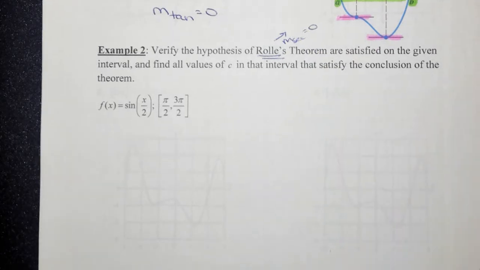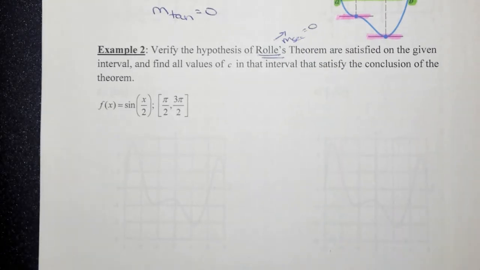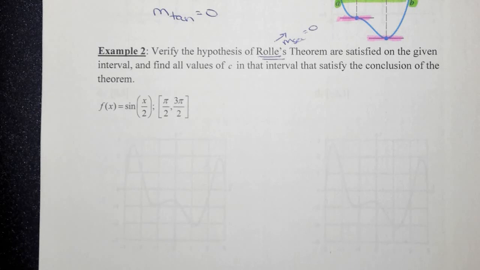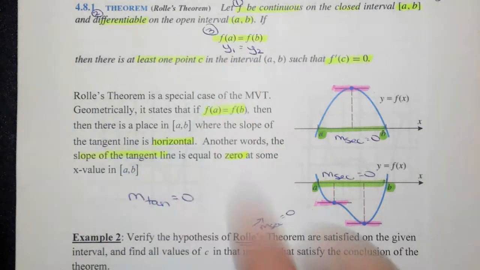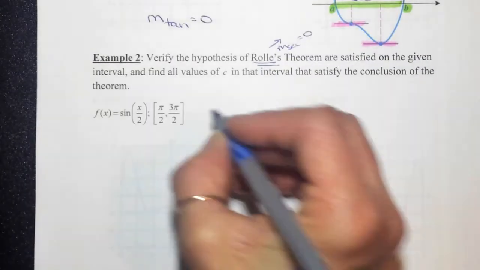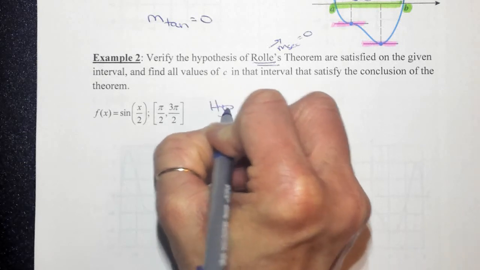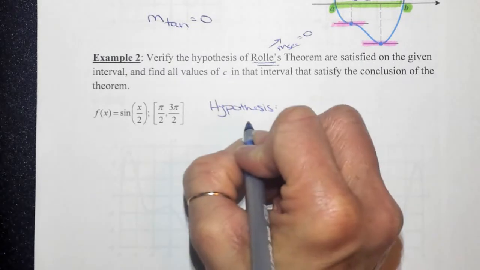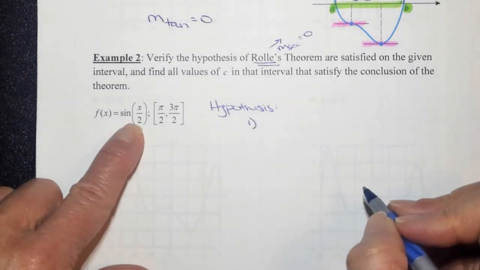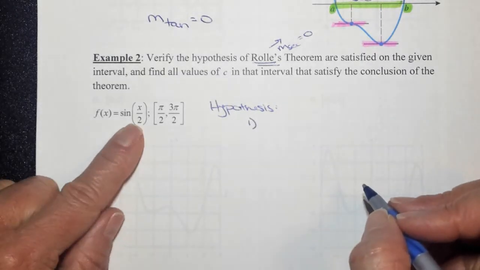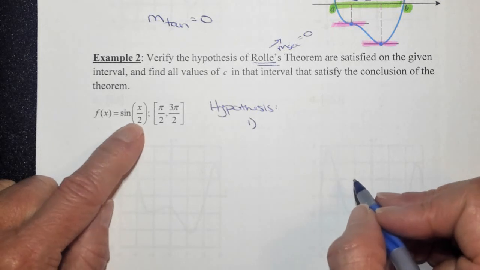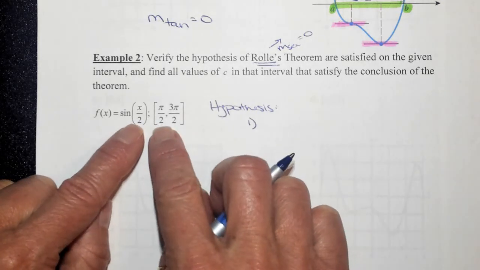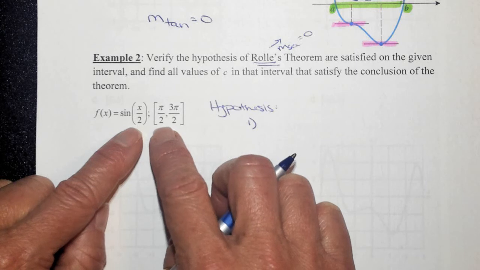Now, the hypothesis will be stated the same, but there's a third piece to it. So what we do is state in the hypothesis, first of all, number 1, we have the sine of the half angle. The function would be continuous. Think about the sine of x, whether it's a double angle or a half angle.